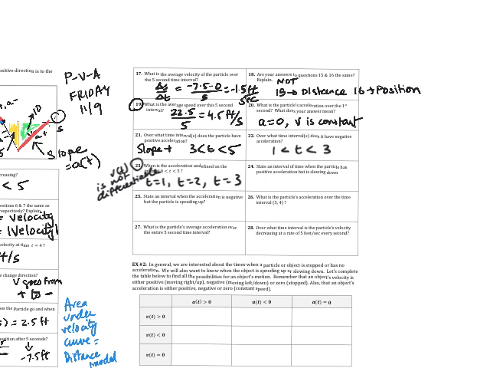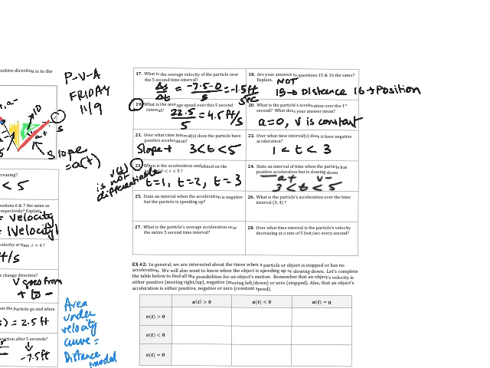In number 24, we're asked about when does the object have positive acceleration but is slowing down. So for slowing down, the velocity has to be of a different sign than the acceleration. So if the acceleration is positive, then the velocity has to be negative, and this happens for the stretch of time t is 3 to 5.